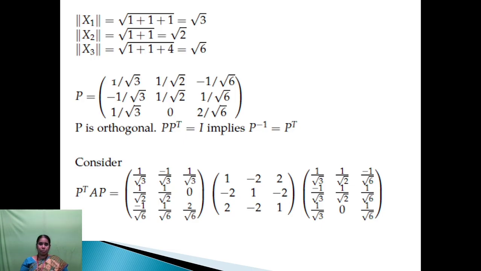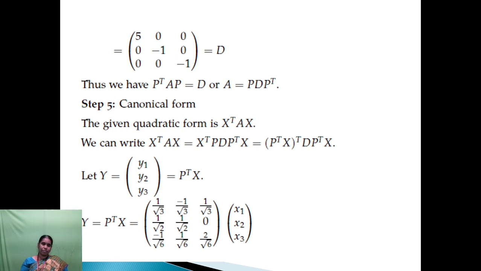Thus, I calculated the modal matrix P. Now, P transpose P equals 1, which implies P transpose is equal to P inverse. Now consider P transpose AP. On multiplying the three matrices, we obtain a diagonal matrix, which is 5, 0, 0, 0, -1, 0, 0, 0, -1. Thus, our matrix A is equal to P D P transpose.